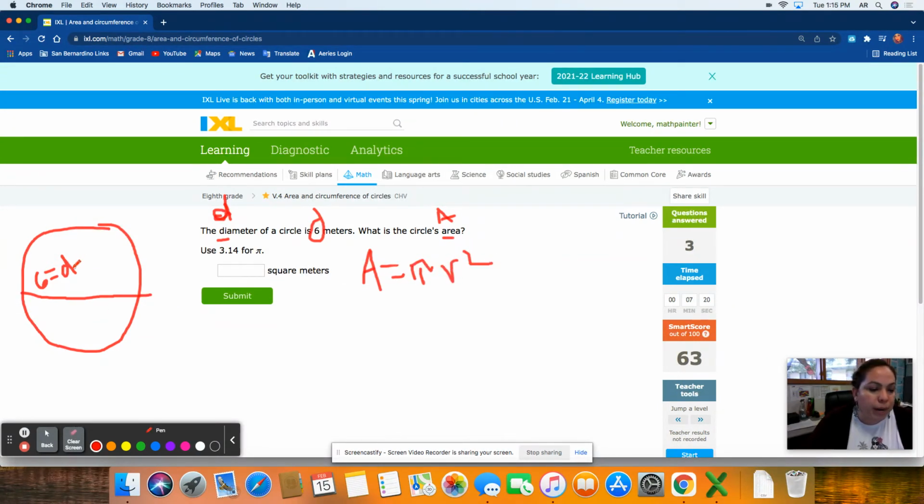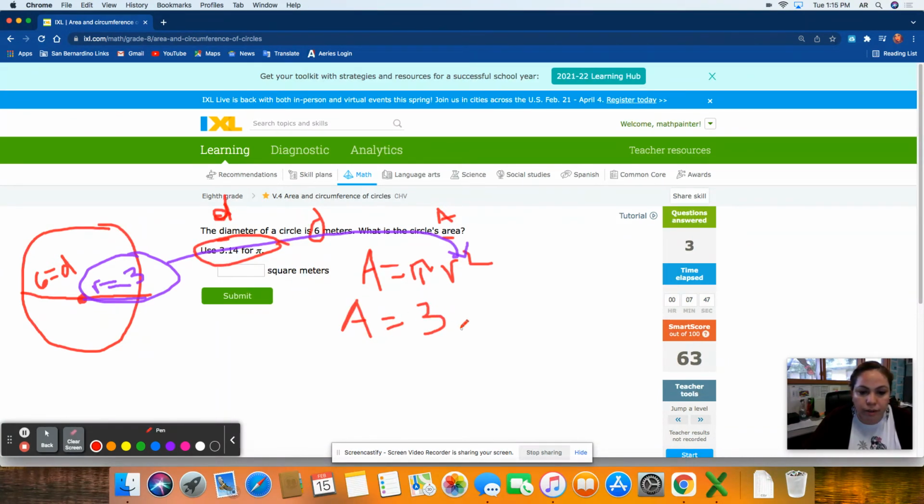By knowing the diameter, we can know the R because our formula says A equals pi r squared. So by knowing D, what's half of it? That means what's the radius? What's half of 6? Half of 6 is 3. So now we know the radius, so we can plug it into our formula. Area equals pi. What does pi equal? 3.14. Radius equals 3 squared.